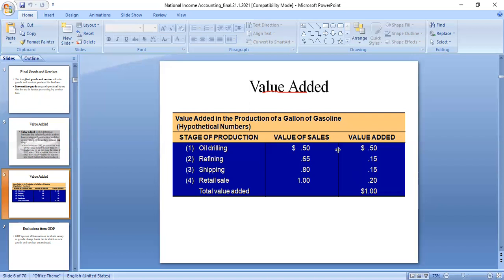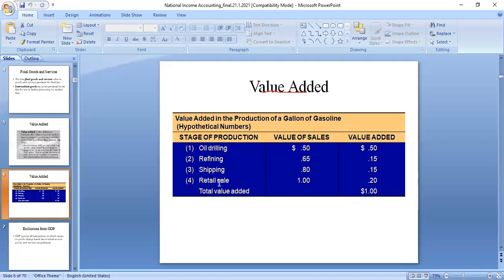So we realize that from one process to another, there is a value added. For example, from oil drilling to refining, the value added will be 0.15, that is 0.65 minus 0.50. And then from refining to shipping, the value added is 0.15, that is 0.8 minus 0.65.